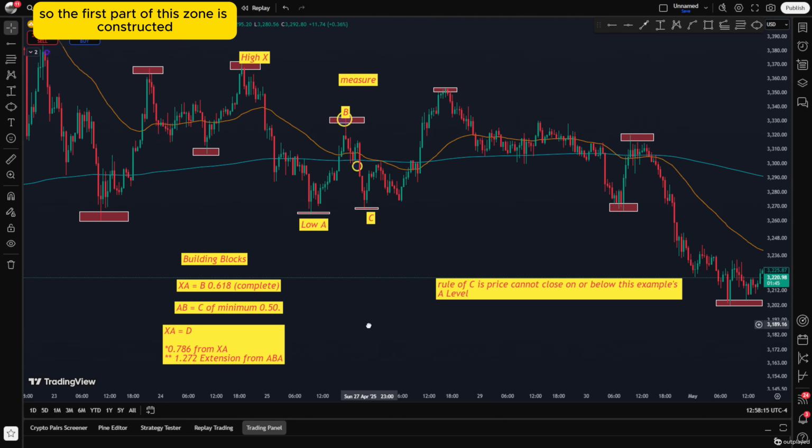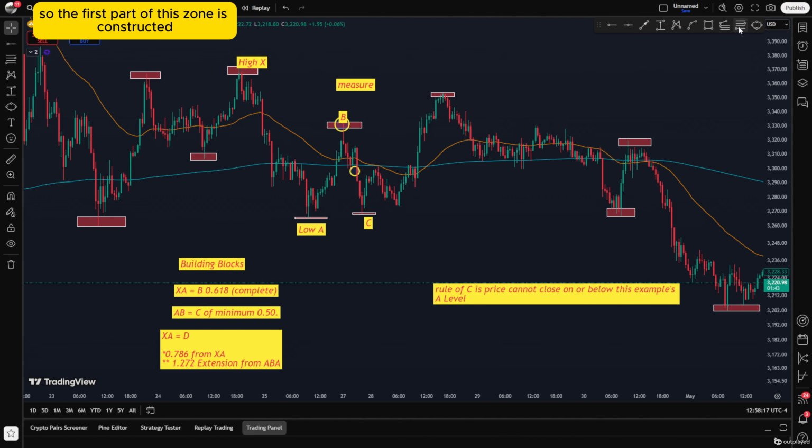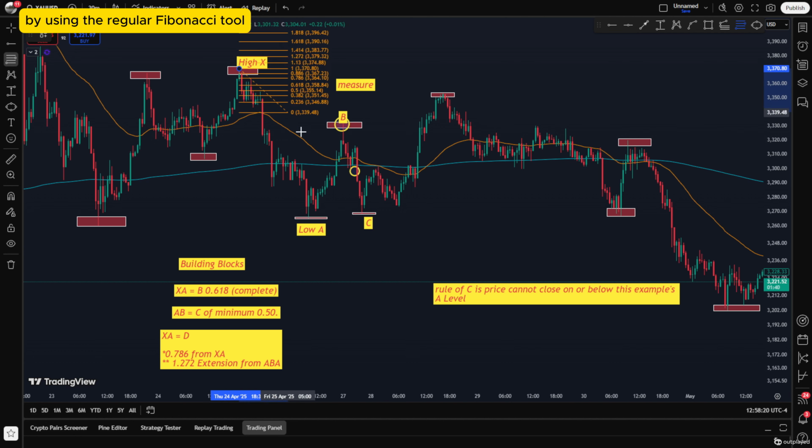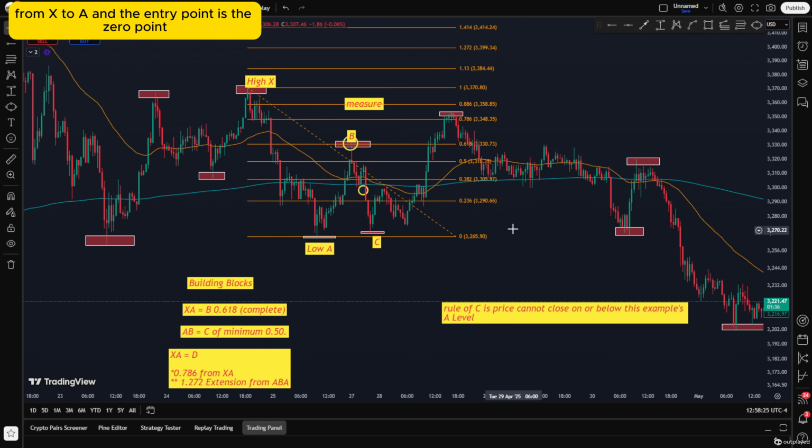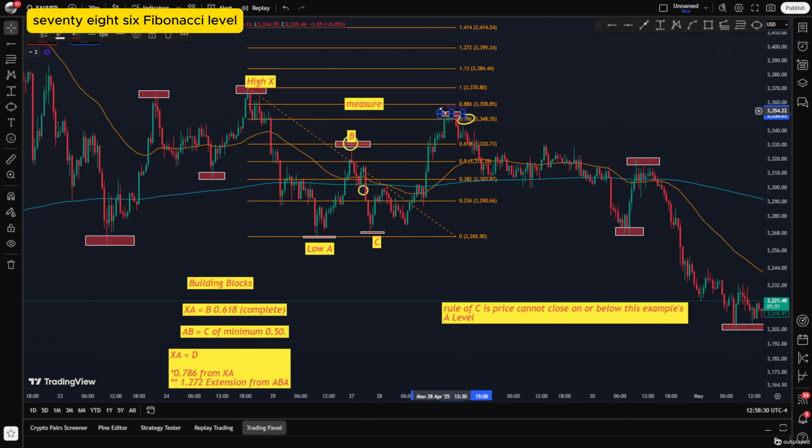So the first part of this zone is constructed by using the regular Fibonacci tool from X to A, and the entry point is the 0.786 Fibonacci level.